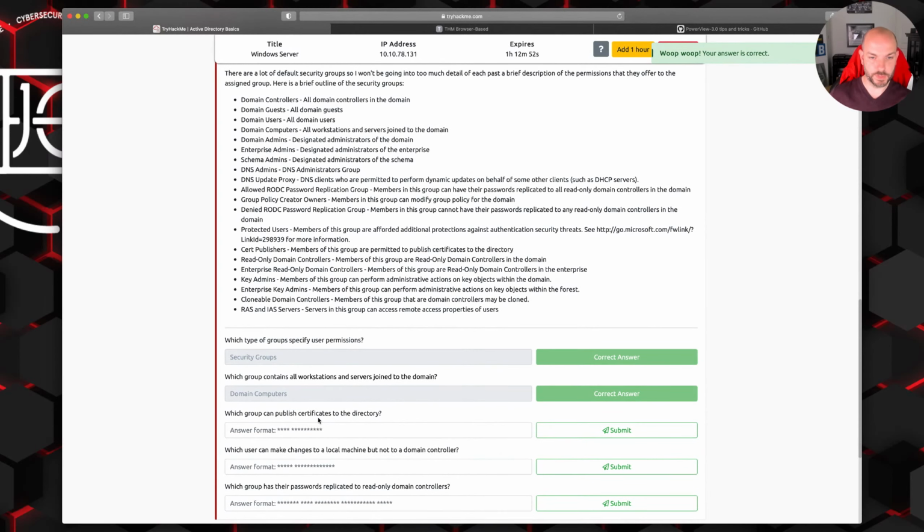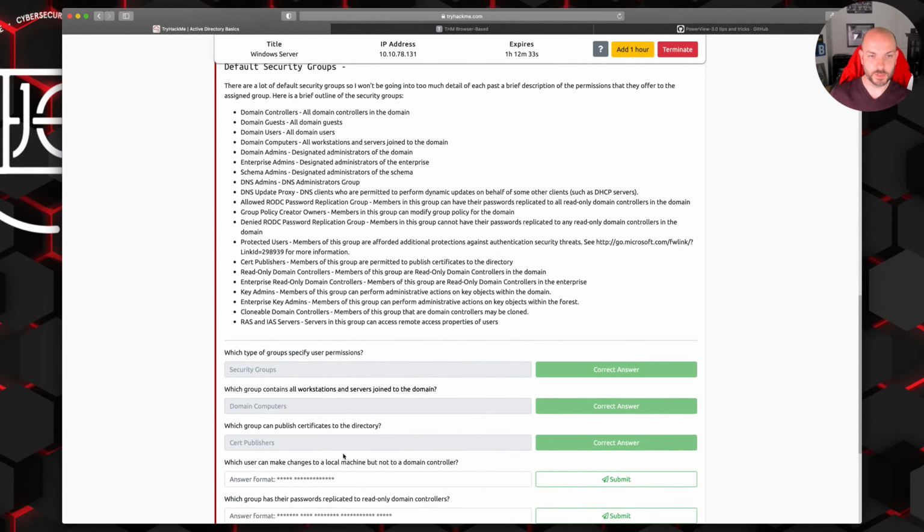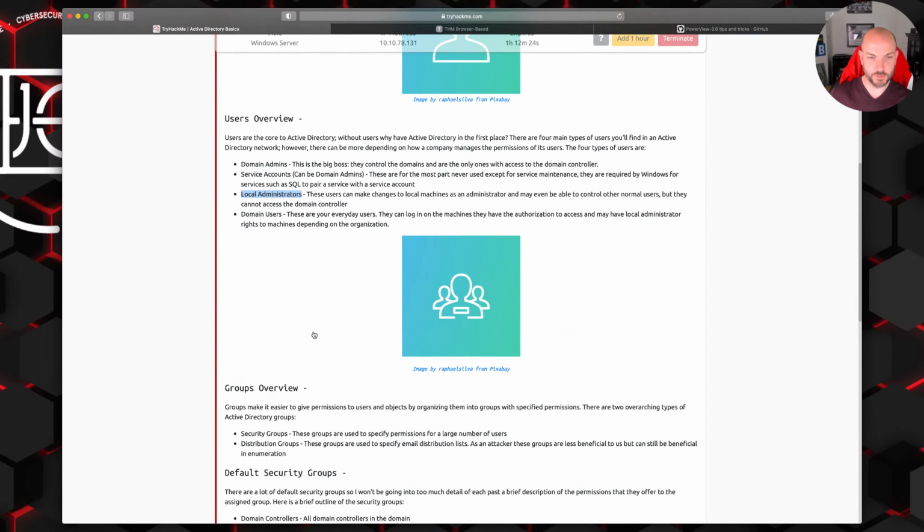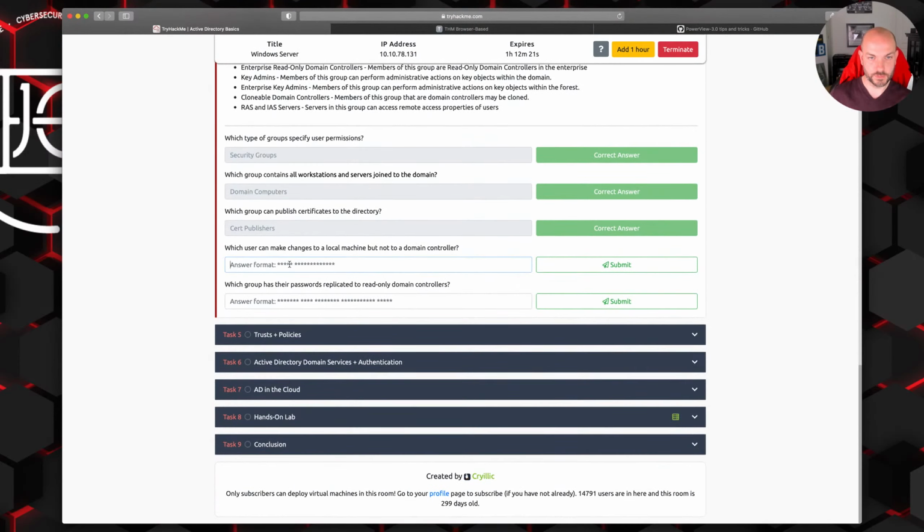Which group can publish certificates to the directory? Cert Publishers. Which user can make changes to a local machine but not to a domain controller? Well, we were already talking about local administrators. And we'll see if that's administrator or administrators. Cool.